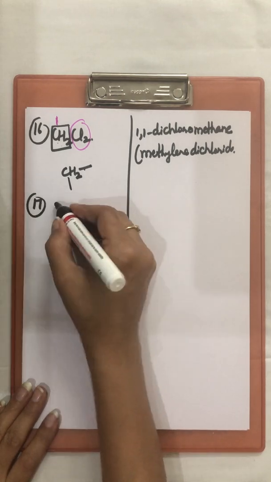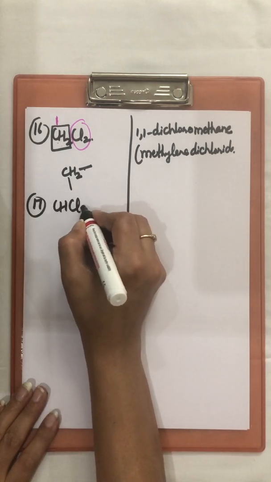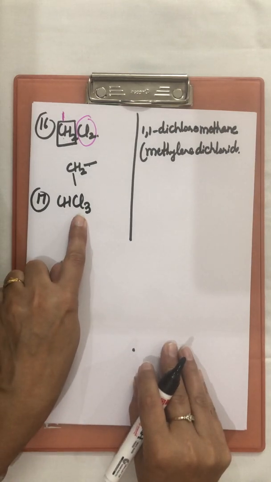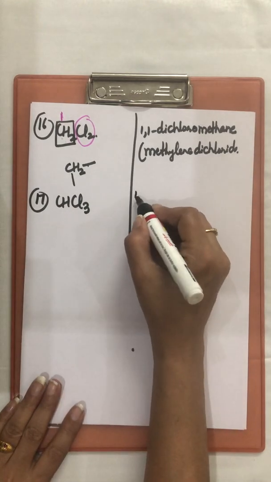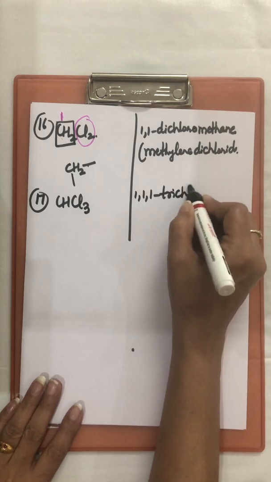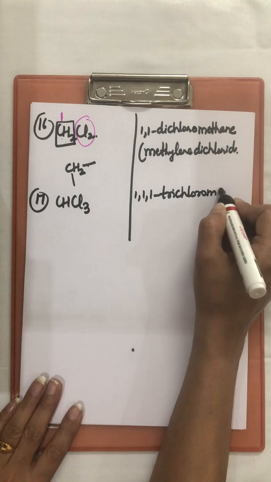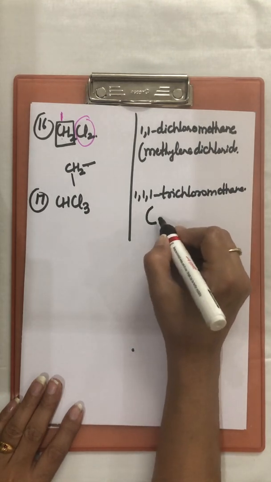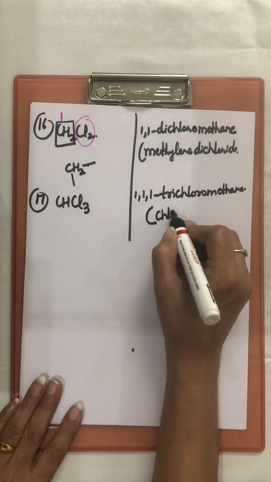Next, now with one carbon atom, 3 halogens are attached. So this becomes 1,1,1-trichloromethane. Its common name is important, that is chloroform.